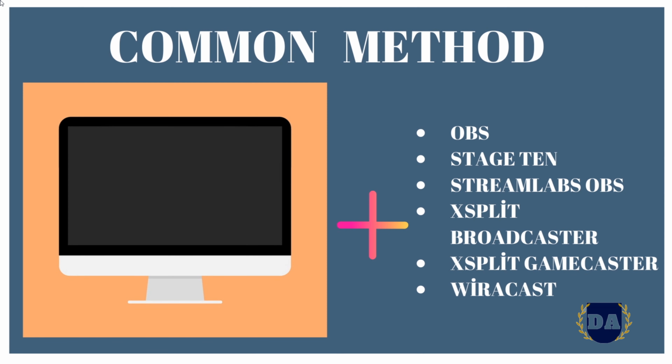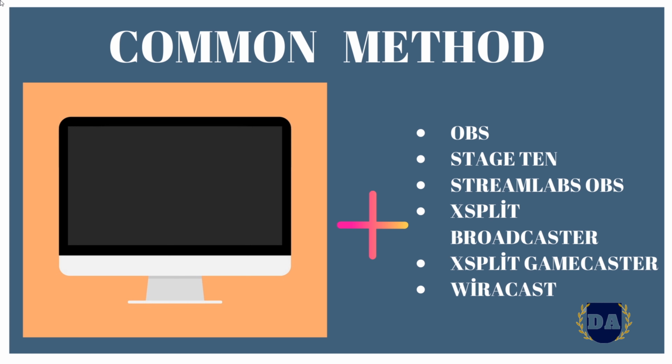First of all, let's start with the methods everyone knows. When you enter your YouTube channel, you can open broadcasts or upload videos from the top right, or you can use different applications like OBS, Stage 10, Streamlabs OBS, XSplit Broadcaster, XSplit Gamecaster, Virocast.